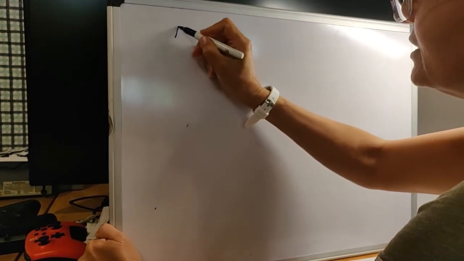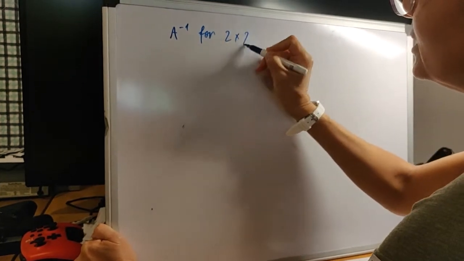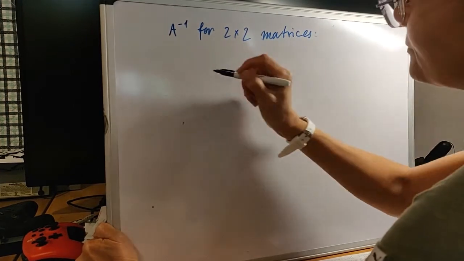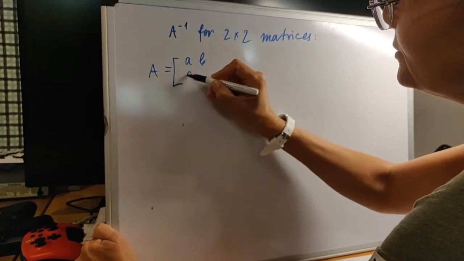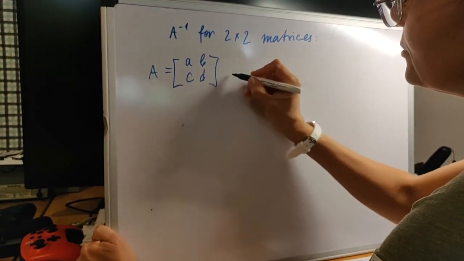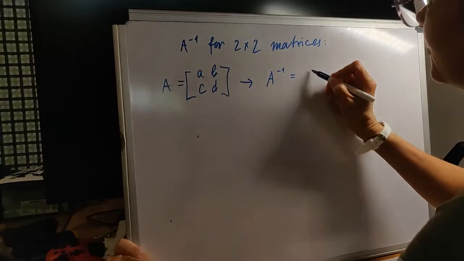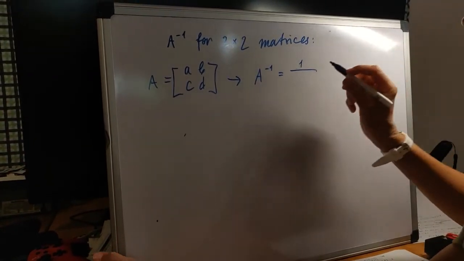So A inverse for 2 by 2 matrices. Imagine that we have matrix A, B, C, D. So how do we build the inverse? Again, no explanation, no proof, but you can trust me. We're going to check it on examples.